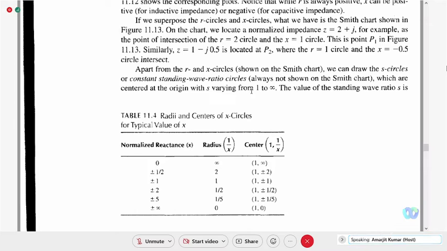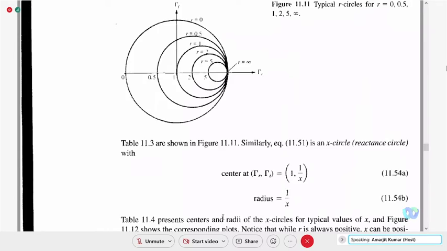First you calculate that for these values. The x coordinate of the center is fixed at 1, the y coordinate is changing. When we increase the reactance, the radius is decreasing. So we have calculated the radius and center. Now we can plot the reactance circle.